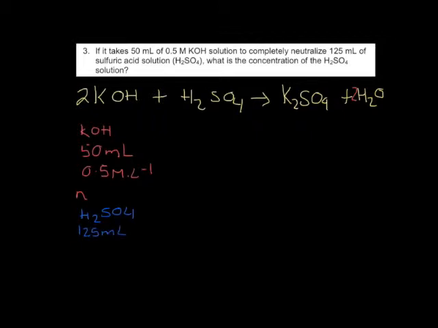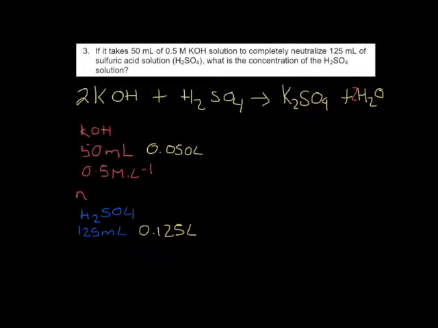Just so I don't have to think about it later, I'm going to convert these into litres. So this is 0.050 litres and this is 0.125 litres. Alright, so now comes the tricky bit. I need to be working out my mole ratio.